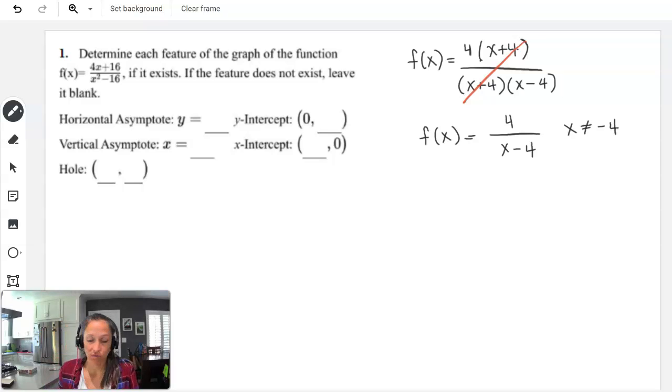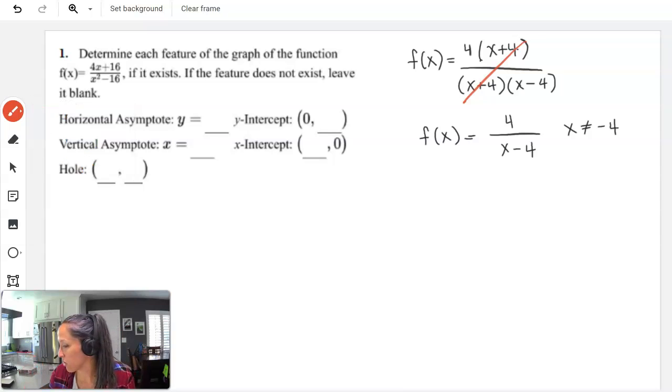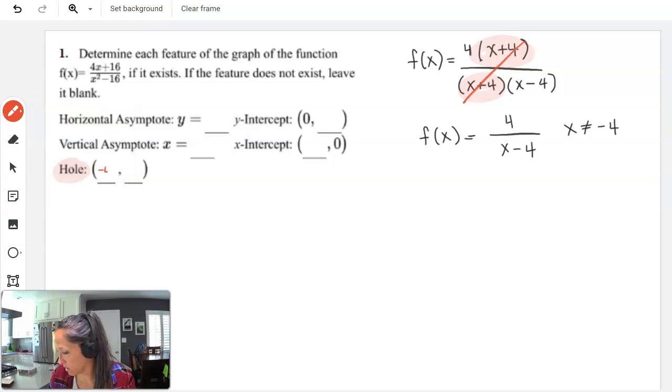All right, so then let's fill in all this information before we pop in a graph. The thing that we just canceled, that common factor from our numerator and denominator, is what gives us our hole. That's going to tell me where the hole is, which happens at negative 4. And if we plug negative 4 into the new function, we're going to figure out where that little open circle needs to be.